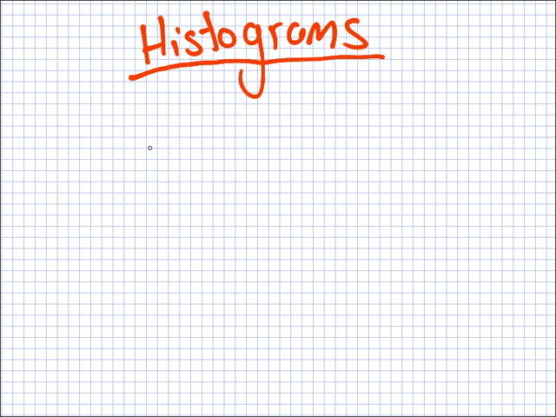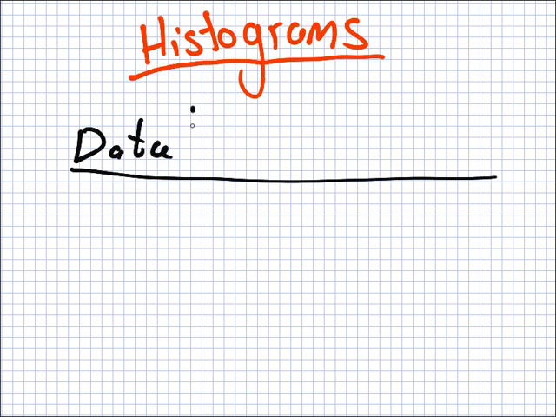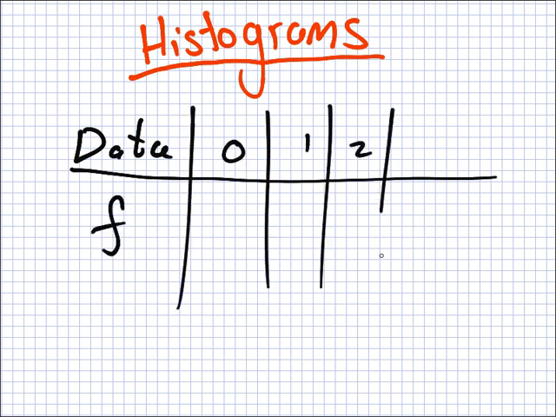So, for example, this is what a bar chart would look like. You'd have your data and you'd have your frequency. So maybe you have like 0, 1, 2, 3, 4, and we'll make up some numbers.